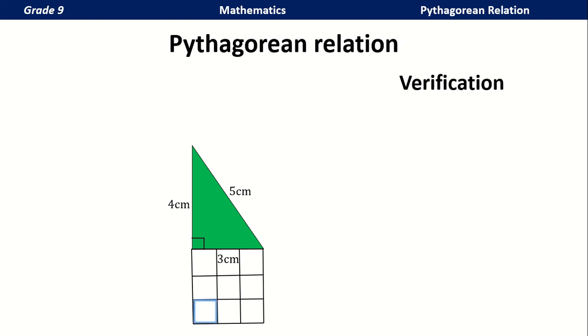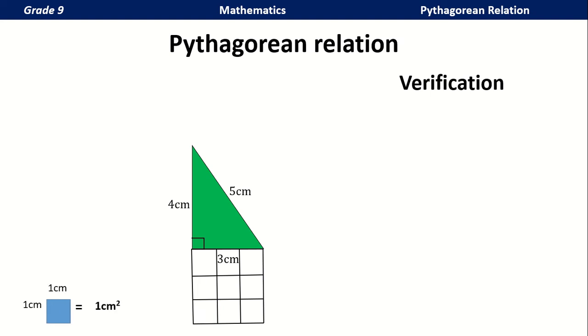Now you will receive 9 small squares with 1 centimeter length and 1 centimeter breadth. And the area of each small square will be 1 square centimeter.